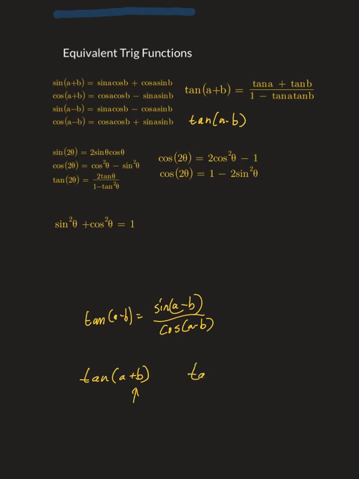So we can just say tan of an angle A plus angle negative B. Either way, you're going to end up with tan of A minus B is equal to tan A minus tan B over 1 plus tan A tan B.